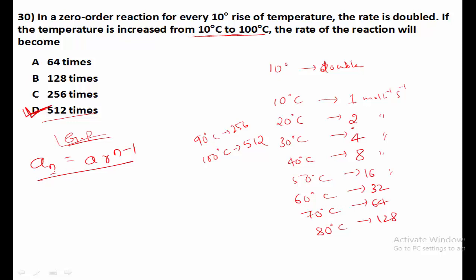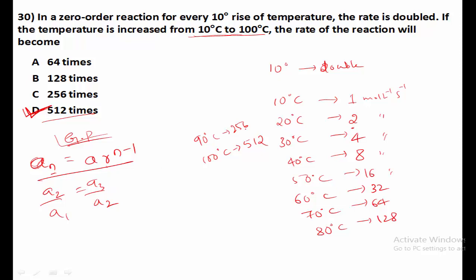Here n represents how many times the temperature has been increased, and A is the initial value, the rate of the reaction initially, and r means how much it increases, or the ratio, which can be calculated by A2 by A1, which is equal to A3 by A2.